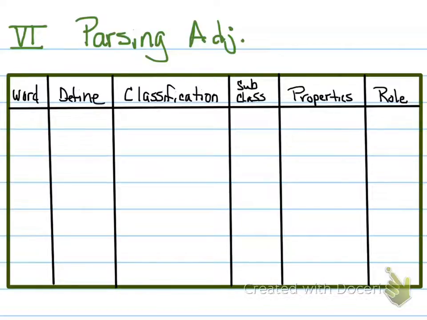So when we parse, we first put the word, so it would be an adjective, and then we define it. That means what question did it answer of the adjective questions. It could be what kind it answered. It could be which one is what it answered, or how many.